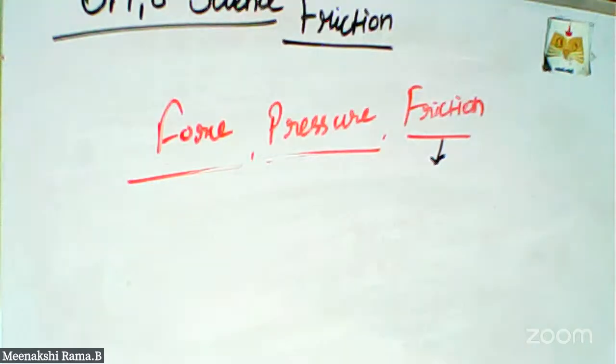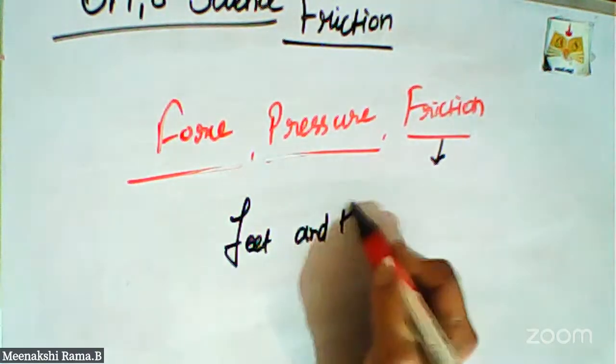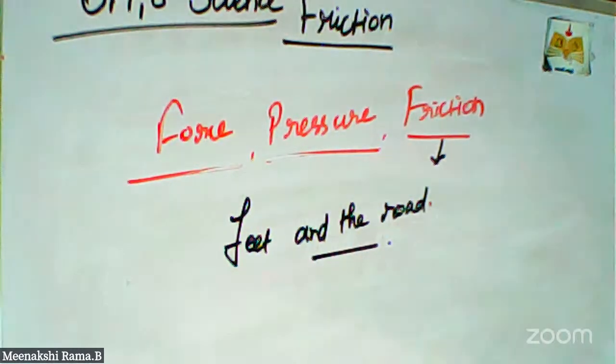On roads, there is friction between the feet and the road. So some friction is there in that area. But the friction is less when we walk on sand, so we tend to fall. In a wet area, the friction is less.